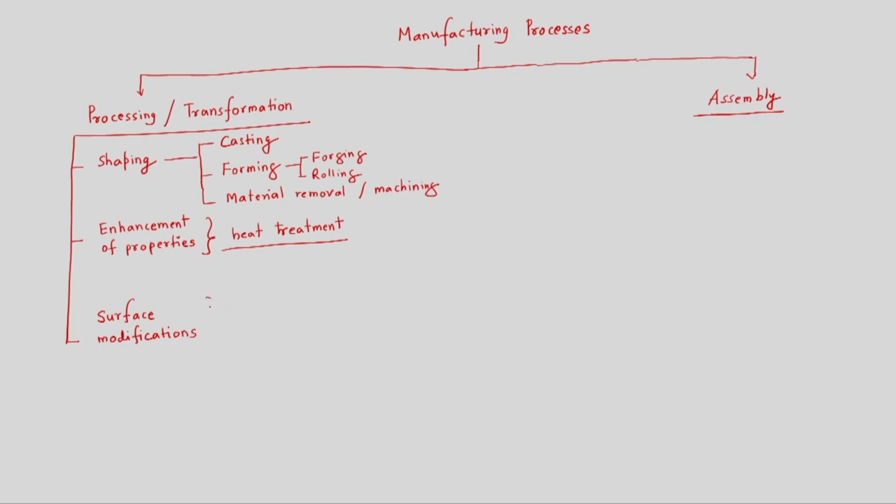As far as surface modifications, as we have seen, we have to carry it out for the cleaning purpose, for painting purpose, painting operation, then surface treatment, then texturing, coating and deposition.